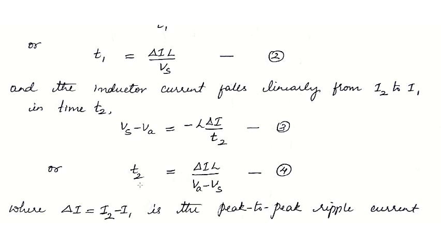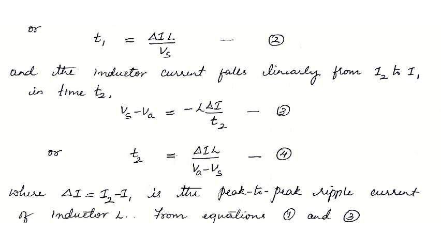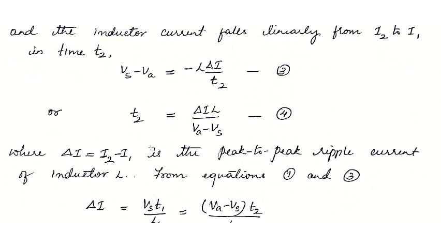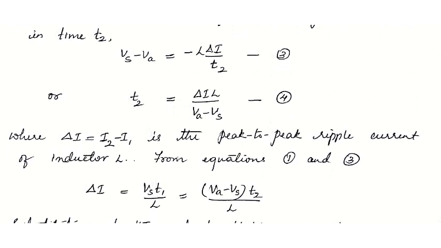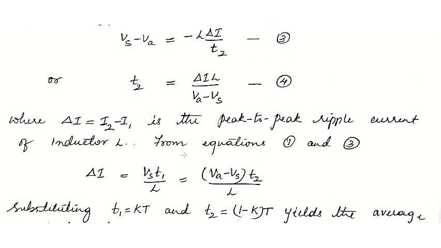If you write in T2 terms, T2 will be equal to delta I times L divided by Va minus Vs. Observe that the negative sign has gone because of Va minus Vs. Call it equation number 4, where delta I, we know, is I2 minus I1, the peak to peak ripple current of the inductor.